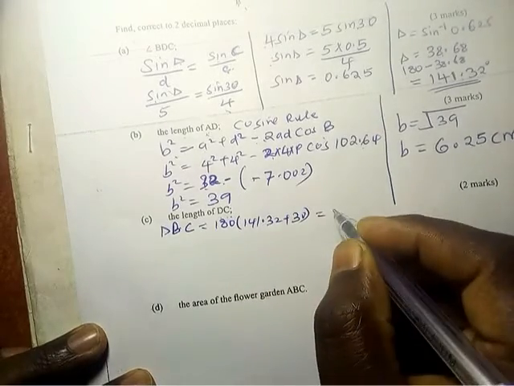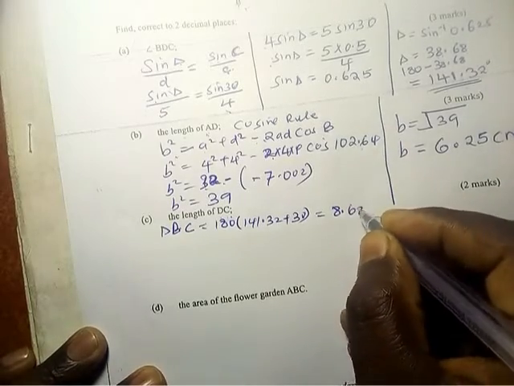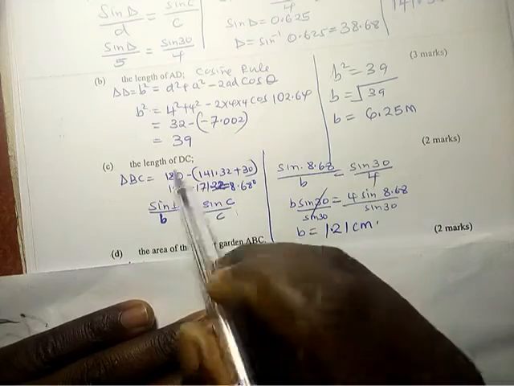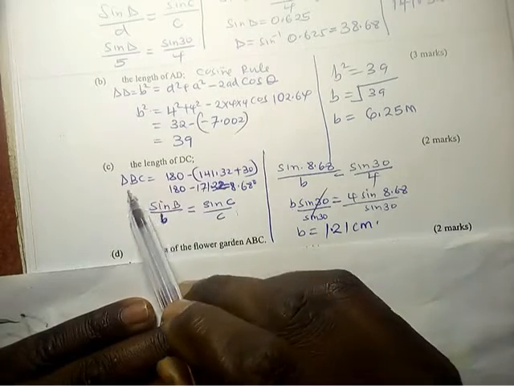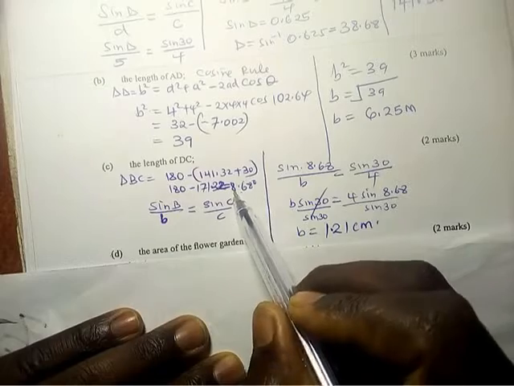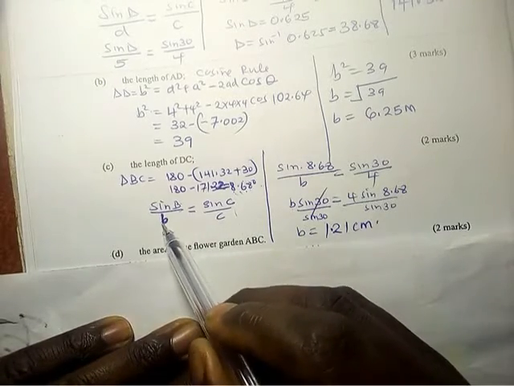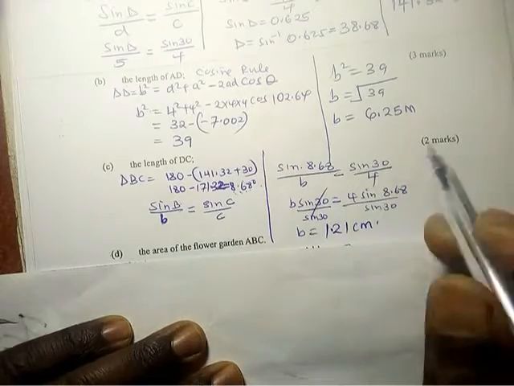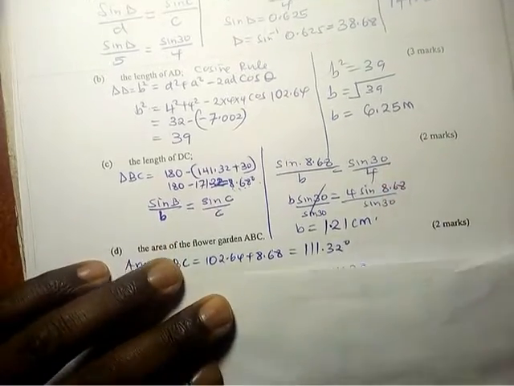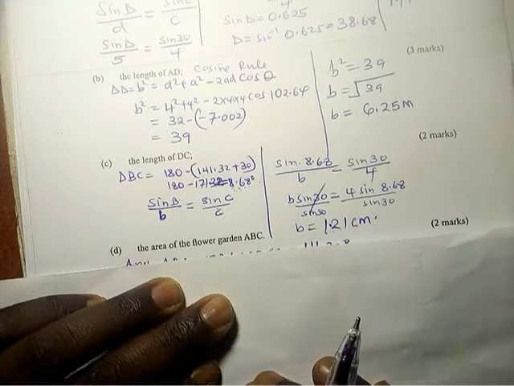And that one gives us 8.68 degrees. So to get the length DC, we have the angle DBC is 8.68. So we use the sine rule, sine B over sine this, sine C over that. We get that the length BC is 1.21 centimeters.